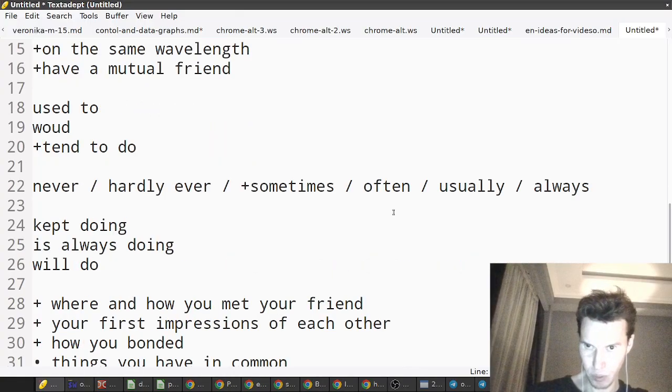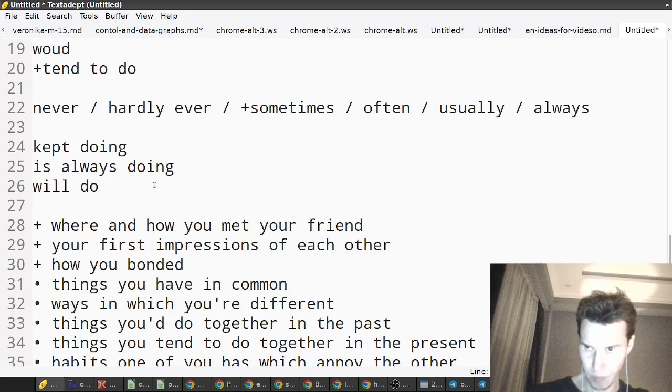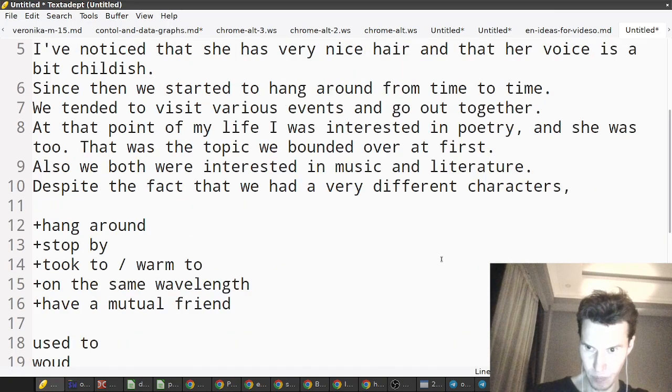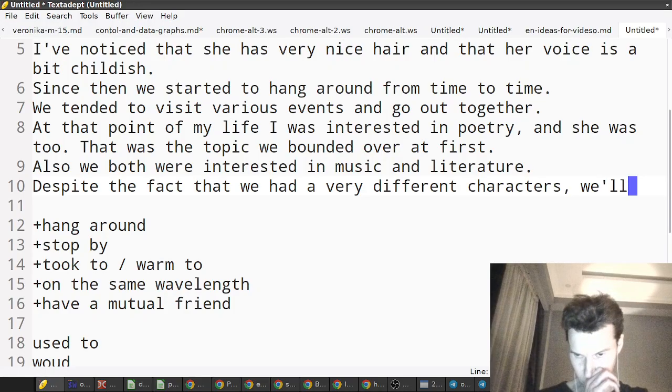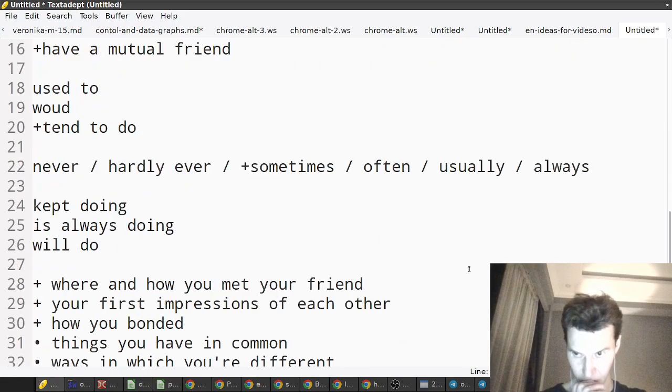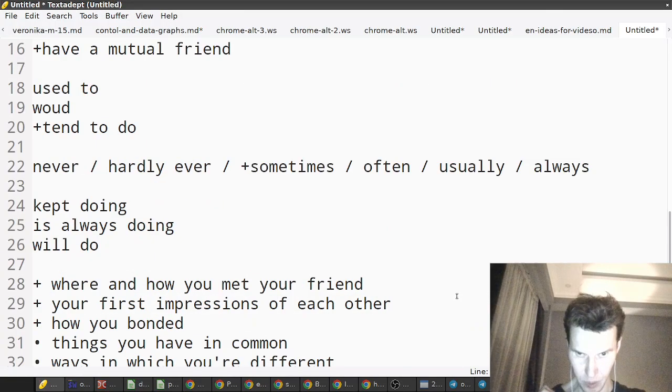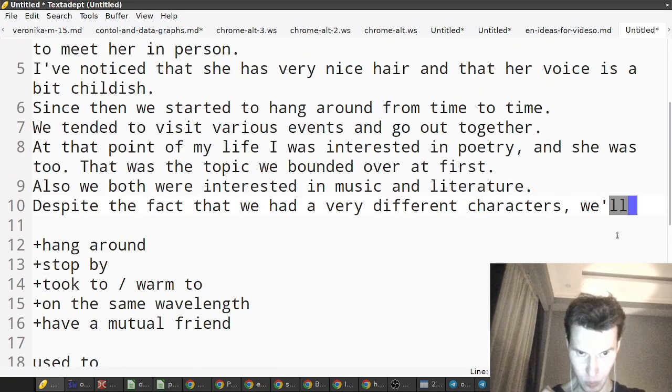We used to, I don't know, we would keep doing, always doing, will do. Maybe we'll speak. We socialize a lot, maybe. Because despite the fact we had very different characters, what things you will do together in the past. Maybe I need to use would in this case.